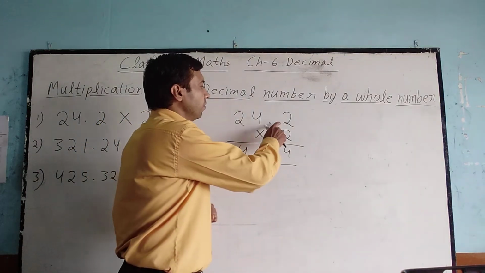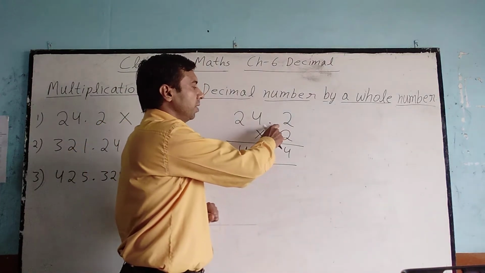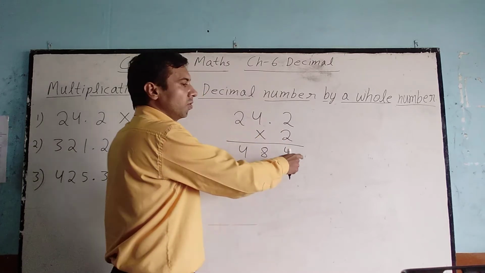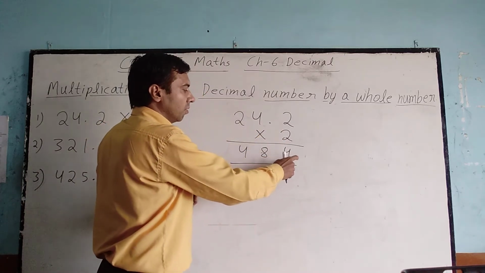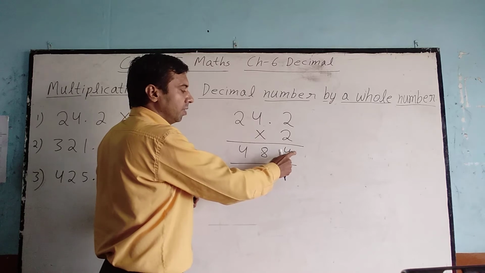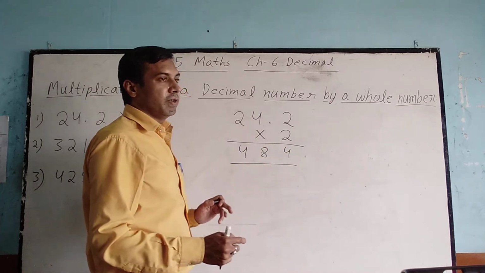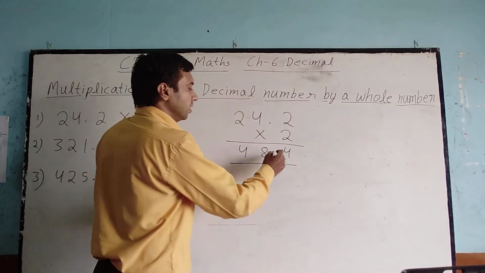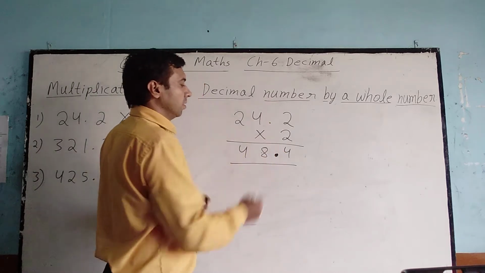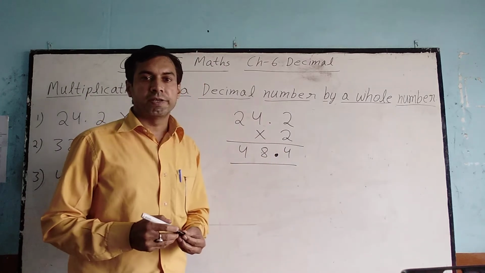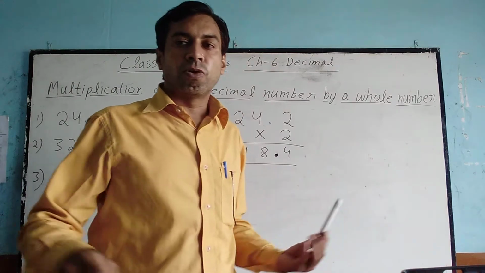Here we have one decimal place in the decimal number. So counting from the ones place in the product, we will start from here and leave one digit, and then we put the decimal. This is our product.